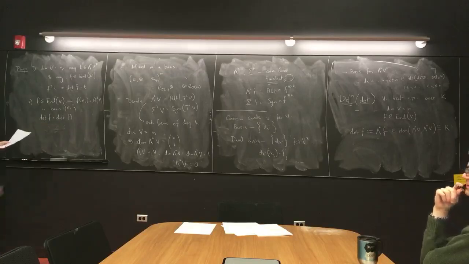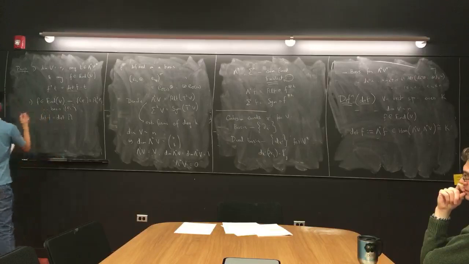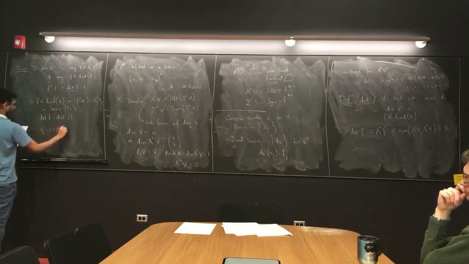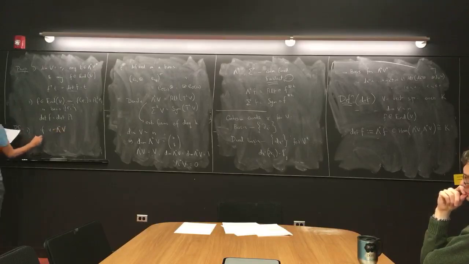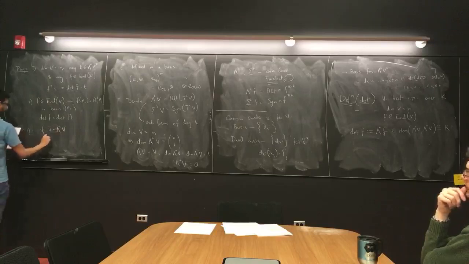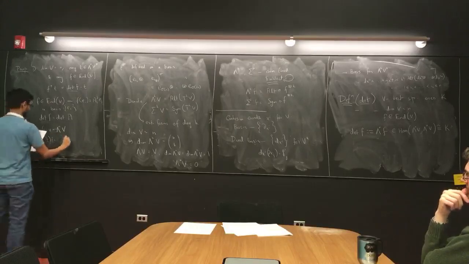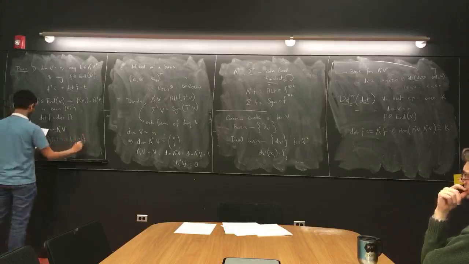All right, I'm not going to prove this. Maybe I'll prove the first one. The second one is very easy, but just long. So if v is a top vector, an element of lambda n V, where a top form would be in lambda n V star, then f star t acting on v would be t acting on f of v.